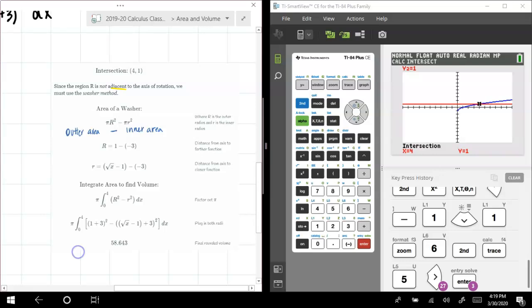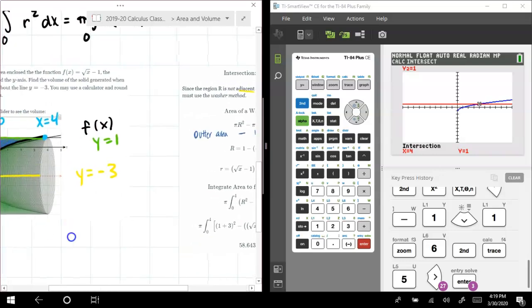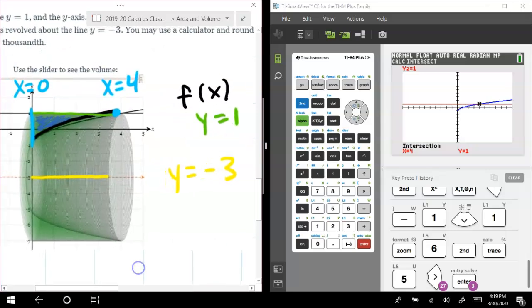The radius is the distance from the axis to the function. So to the further function, capital R, we're going up 3, and then to the function y equals 1. So 3 plus 1, this is 4.